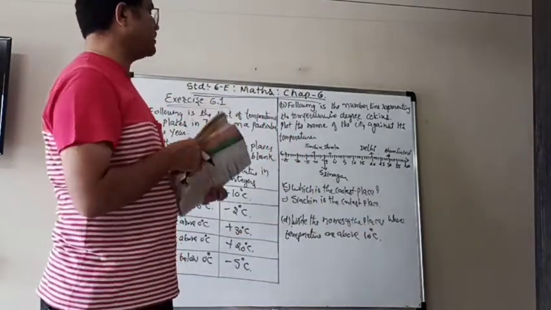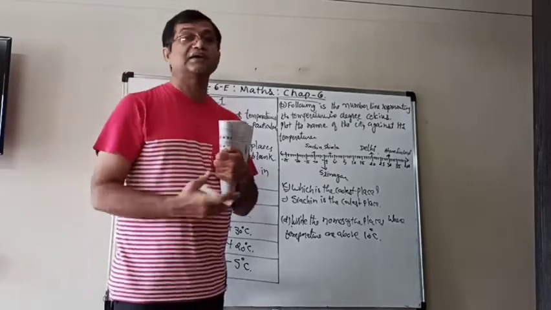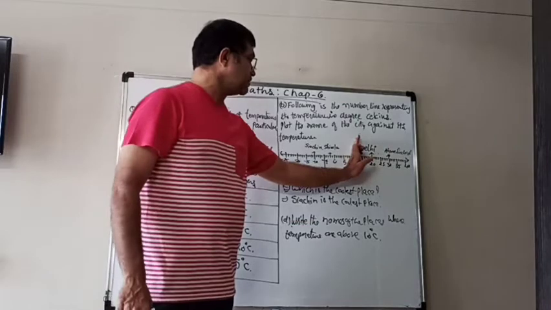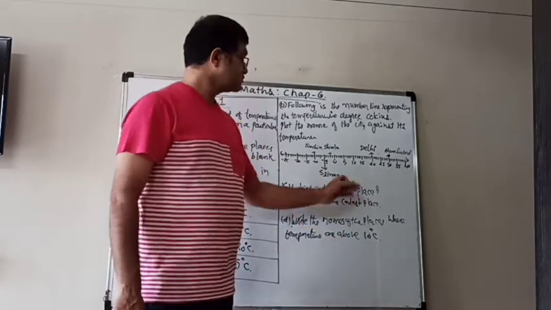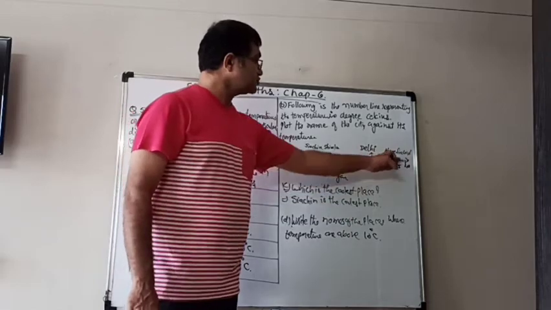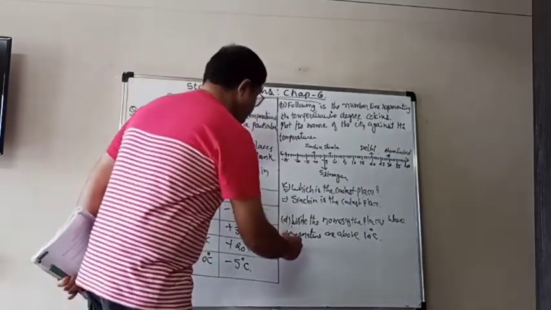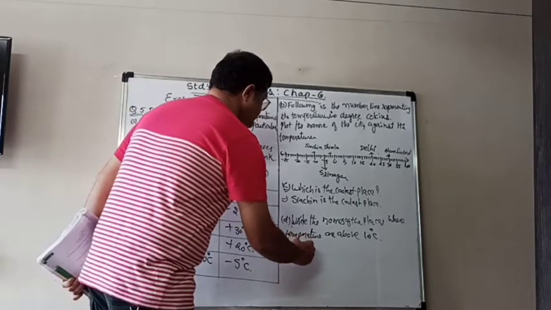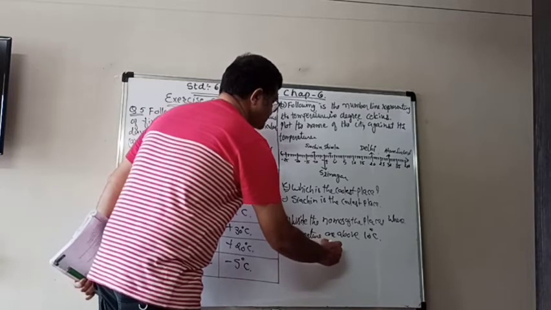Now above 10 degrees Celsius means more than 10 degree. Here there is no sign, it means plus 10. So there are two cities there, Delhi and Ahmedabad. So the answer is Delhi and Ahmedabad.